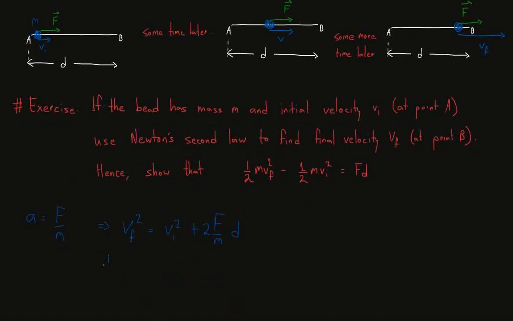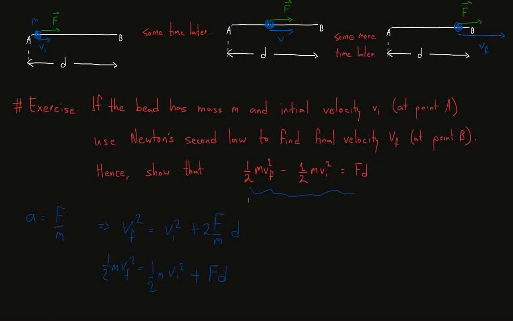You have half m vf squared equal to half m vi squared plus Fd. So we've proved this expression. You're starting to get an impression perhaps that the change in kinetic energy is somehow related to the work done.